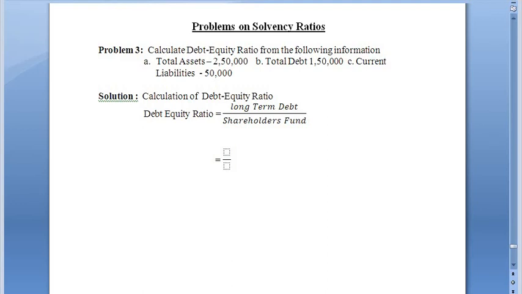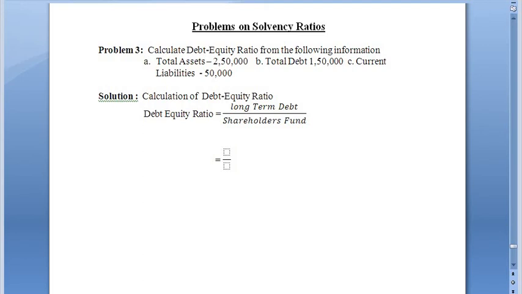Next line, write: calculation of debt equity ratio. The formula of debt equity ratio is equal to long term debt divided by shareholders fund. As I said in the previous class, the debt equity ratio indicates the relationship between borrowed funds and owned funds.